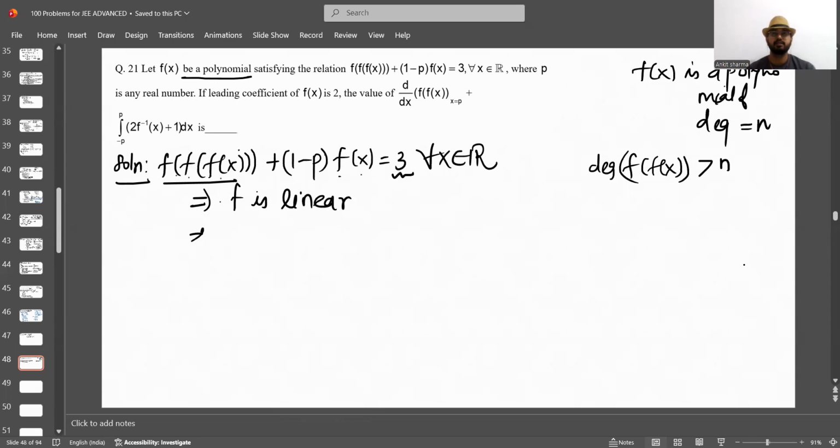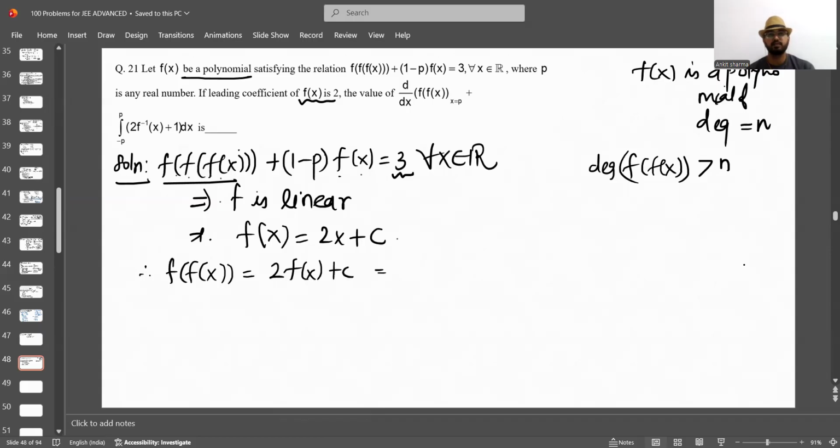So if f is linear, this implies f(x) must be equal to 2x + some constant, and it's only because the leading coefficient is 2. So we have taken f(x) = 2x + c. Now consider f(f(x)). This is going to give me 2 times f(x) + c, which is 2 times (2x + c) + c, which is 4x + 3c.